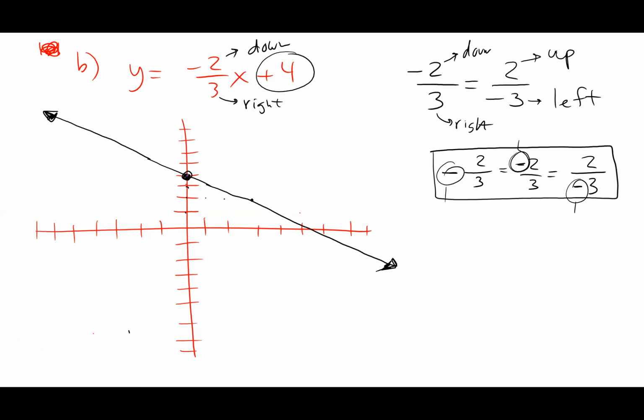So I'm going to go up 2, 1, 2, and I'm going to go 1, 2, 3. Check that out. I'm still in the same line. So if I were to form this line based upon these 2 purple dots, would I still have the same exact line? Absolutely. So yes, going down and right as opposed to going up and left is the same thing.